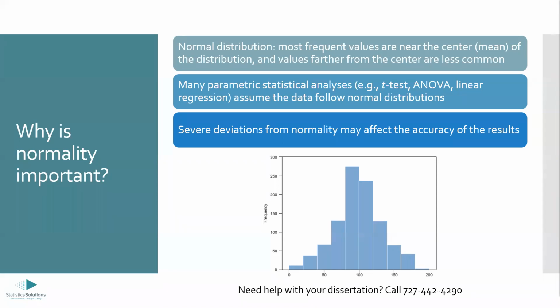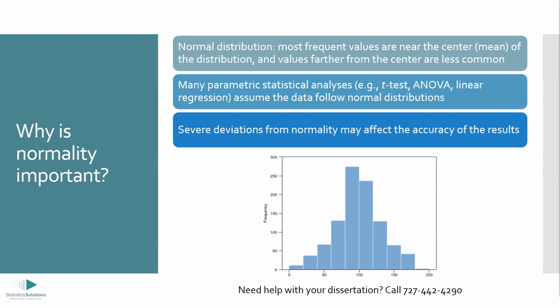And so why exactly is normality important? Well, normality is important because many parametric statistical analyses, such as t-tests, ANOVAs, linear regressions, and others, often come with an assumption that the data follow a normal distribution.